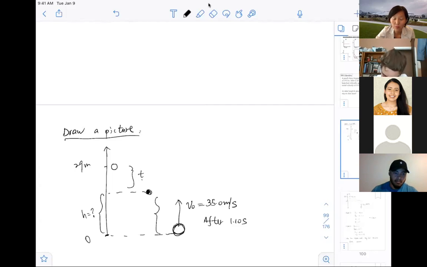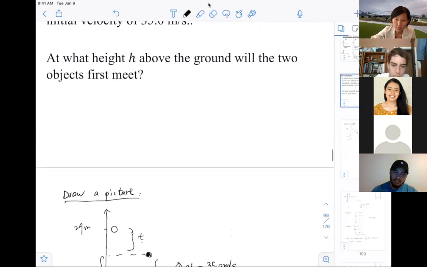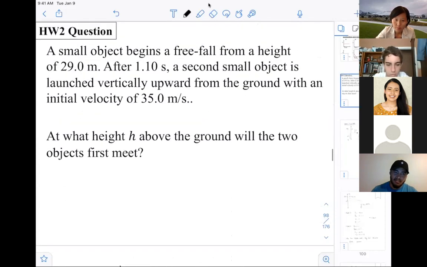Do they all travel with the same amount of time? T minus 1.1, very good, yes.